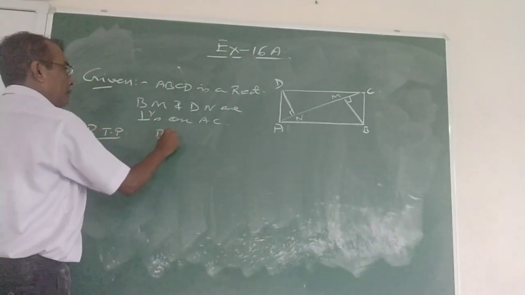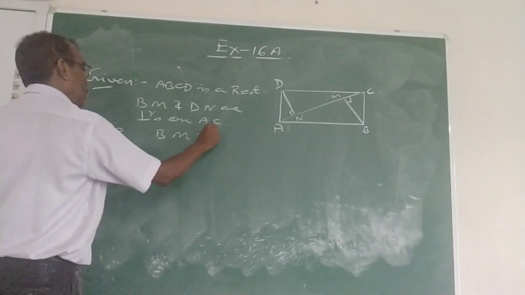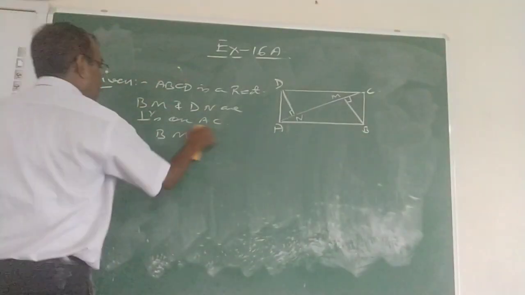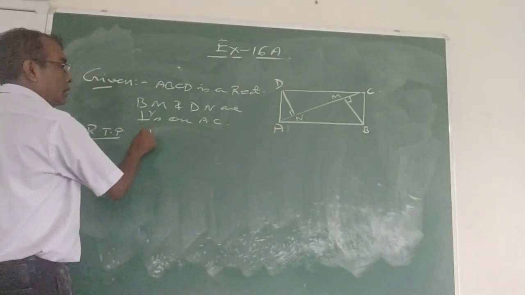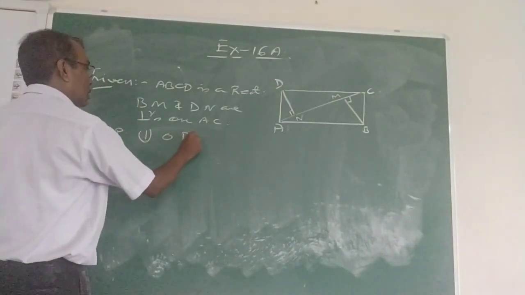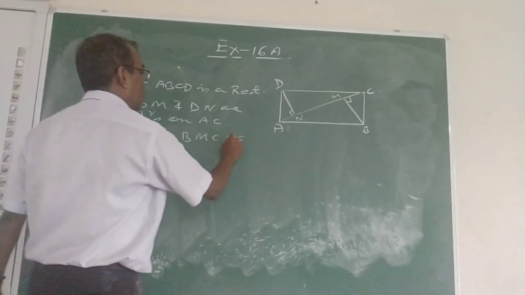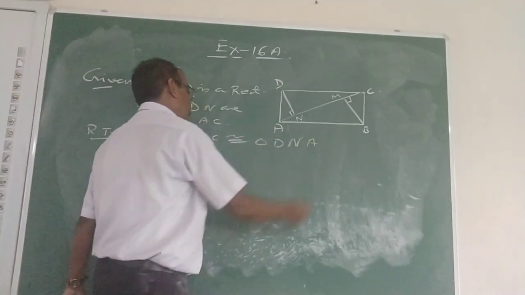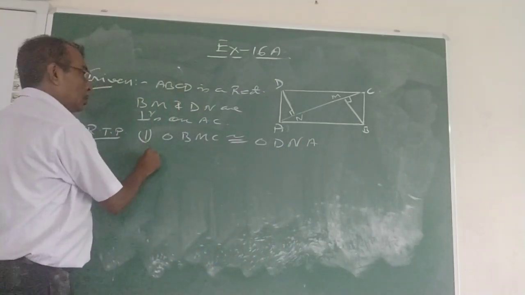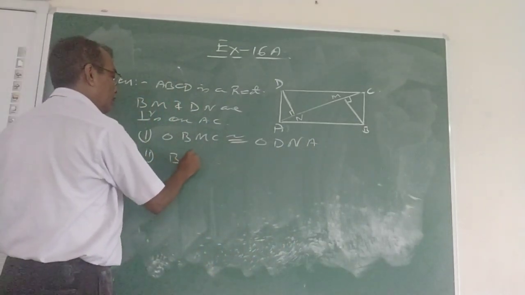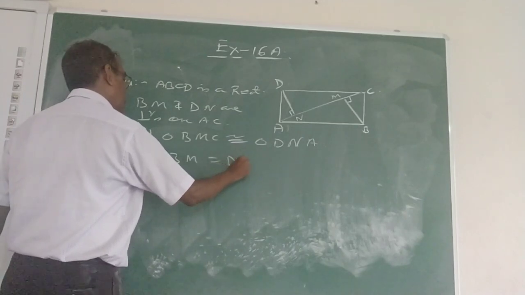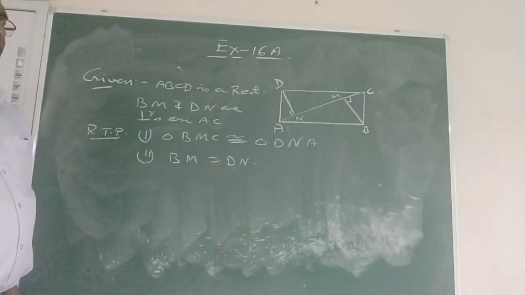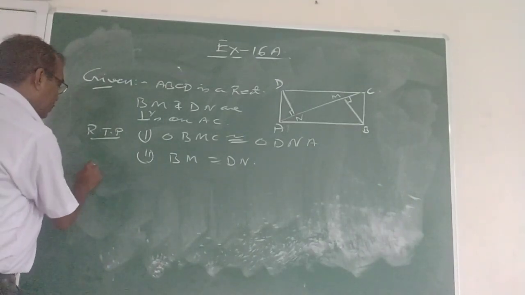To prove two things. Number one, triangle BMC is congruent to triangle DNA. And number 2, BM is equal to DN.